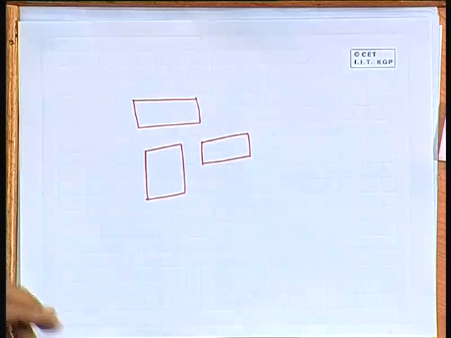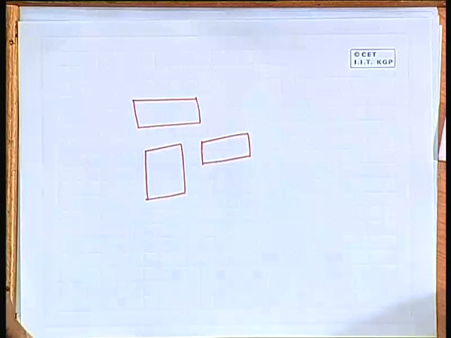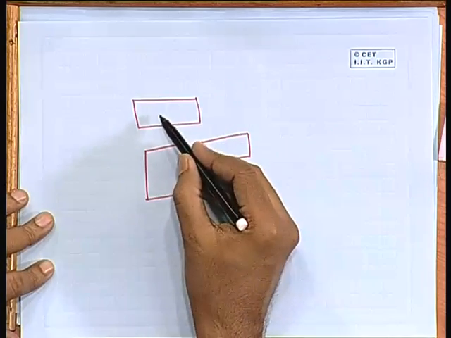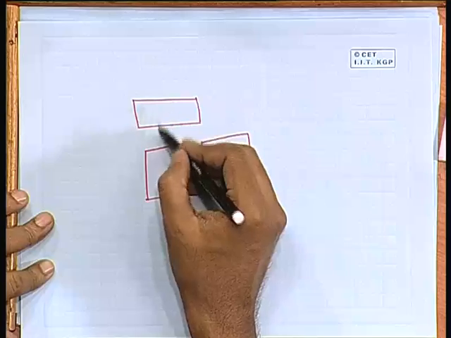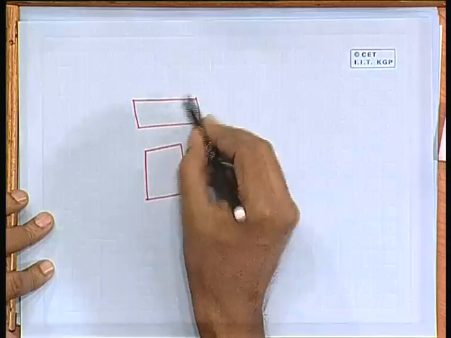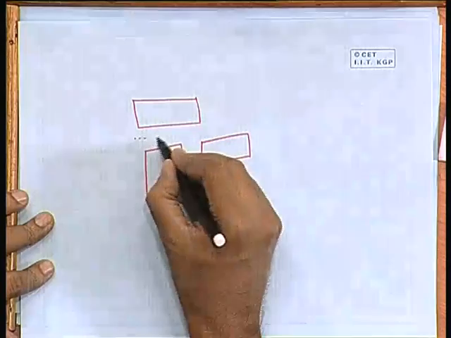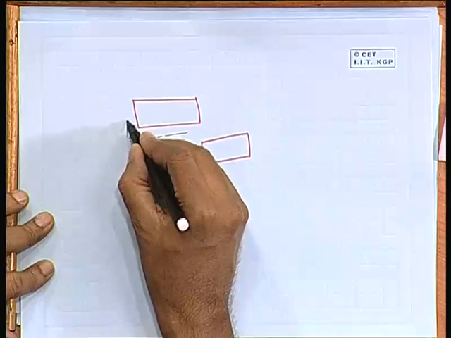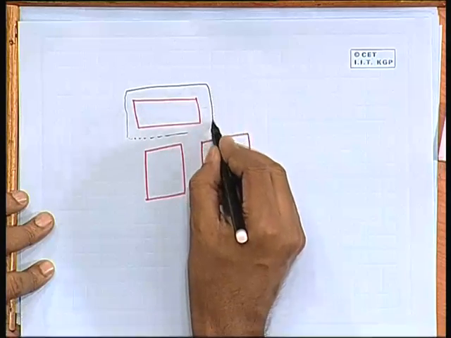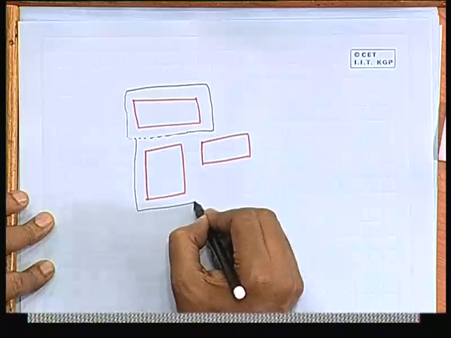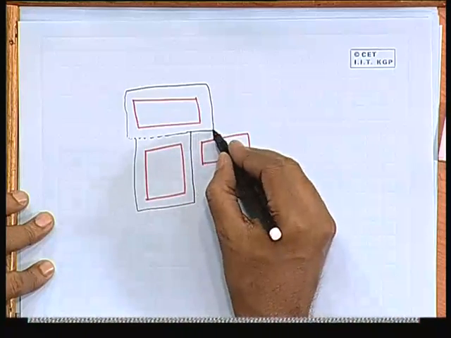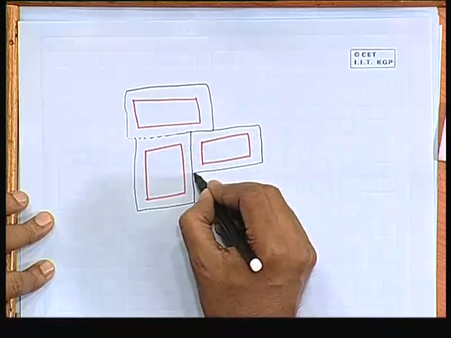Some of the tools, before the placement step starts, expand the size of the basic modules. For example, this module will become this big, this module will become this big, this module will become this big.